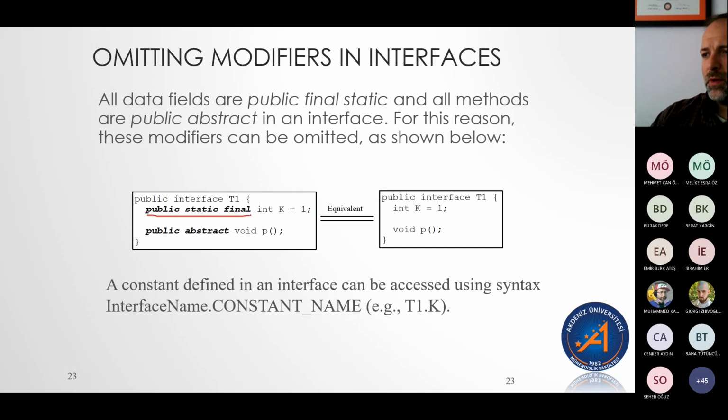Okay, so this is not necessary. We could write it this way and automatically the compiler will know this is a public static final integer called k. This is a public abstract void method called p. Okay, so we don't have to do that.